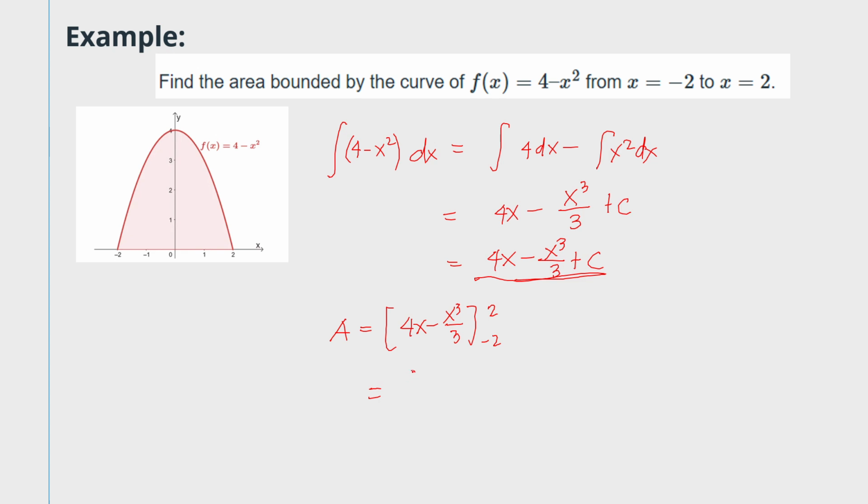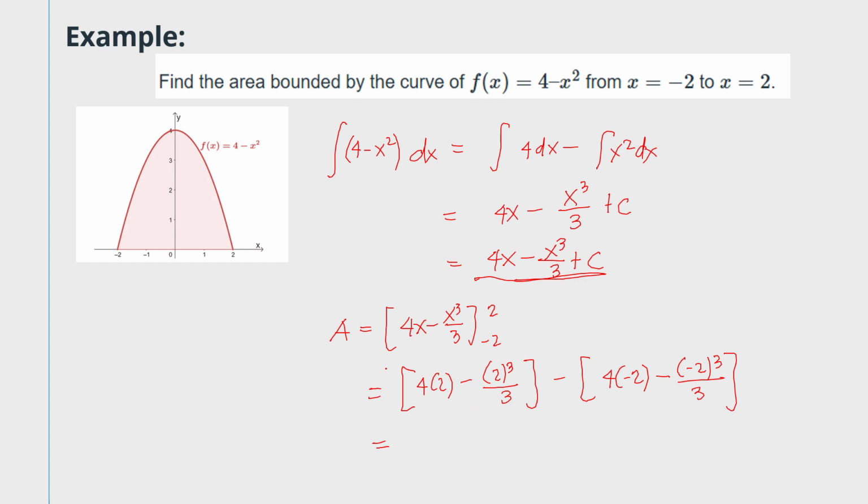Okay, so we have 4 times 2, this is the positive side, minus 2 cubed over 3. Then we have to subtract 4 times negative 2 minus negative 2 cubed over 3. So we subtract the value at the lower bound from the value at the upper bound. So we are going to compute here.